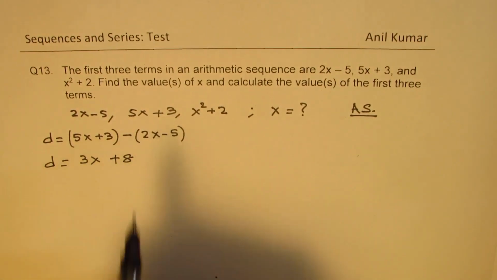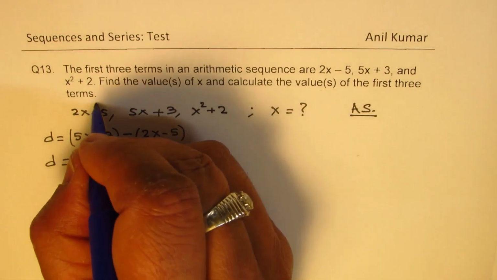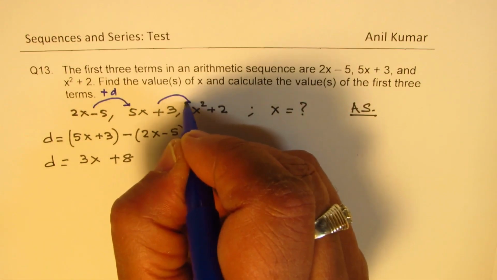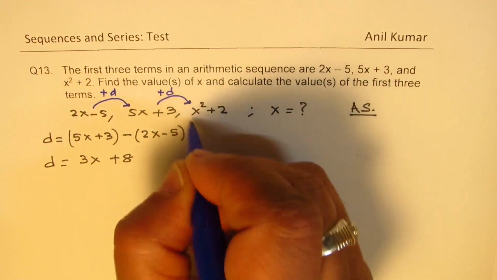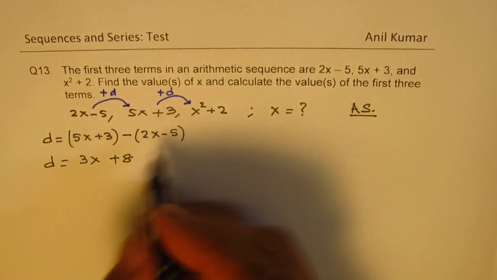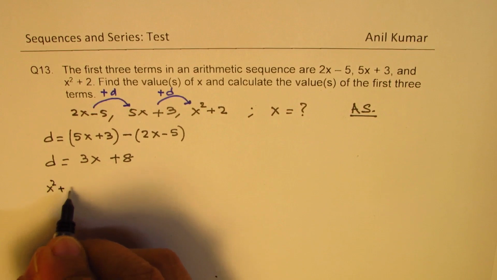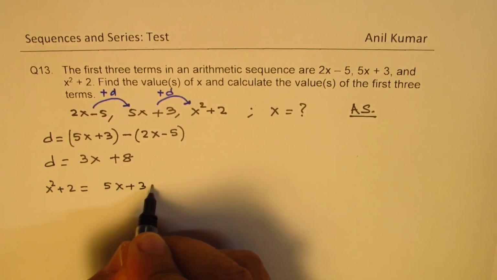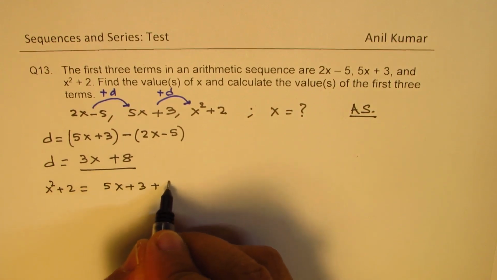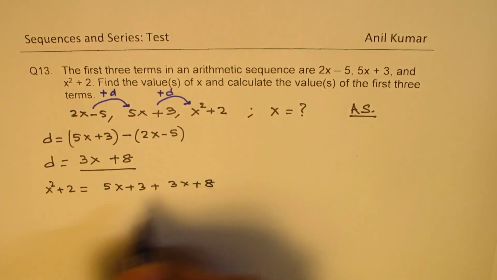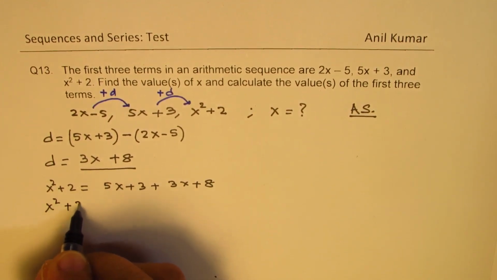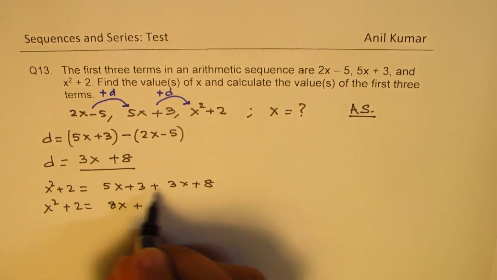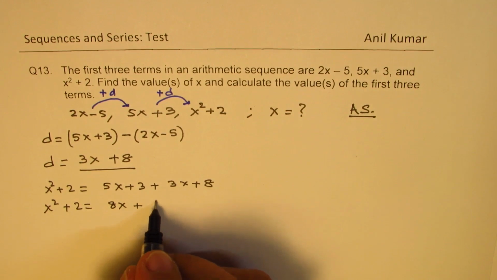So that really means that if I add d to this, I get the next term, right? So here also I have to add d to get x squared plus 2. Now that really means that x squared plus 2 should be equal to 5x plus 3 plus d, which is 3x plus 8. So we have x squared plus 2 equals 8x plus 5 plus 8, which is 11.